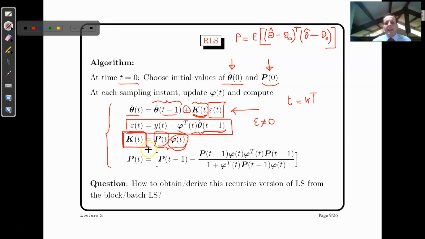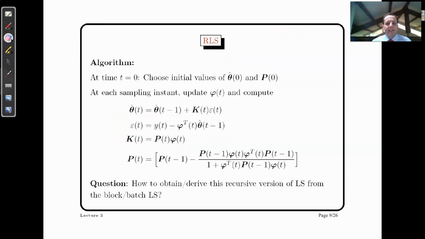So K is proportional, and it can be demonstrated that the gain of your adaptation depends on the signal to noise ratio.